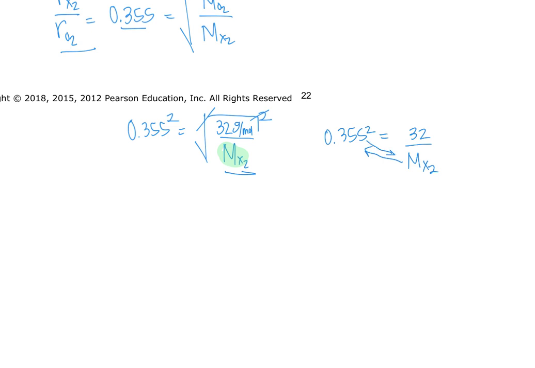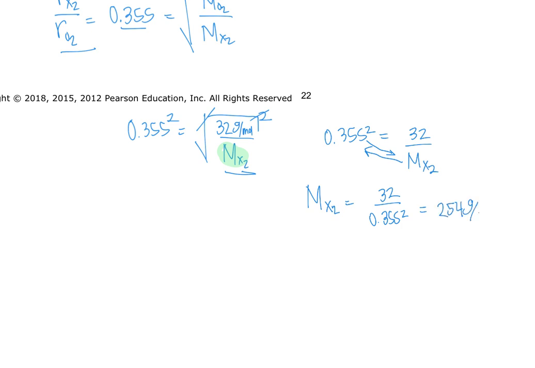So we're going to multiply our mass of our unknown up and divide 0.355 squared down, giving us the mass of the unknown equals 32 over 0.355 squared.